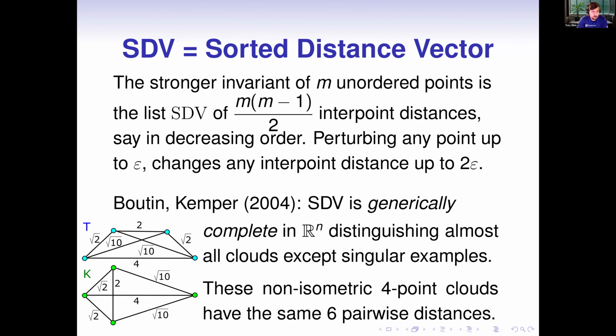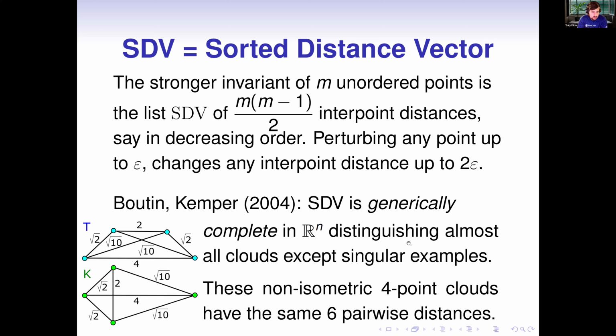And then we have another invariant that is a little bit harder to compute, the sorted distance vector. So basically we list all the interpoint distances. For example, in this graph, we just list all of those, and then we get M choose 2 interpoint distances, and then we put them all in decreasing order, and that forms an invariant.